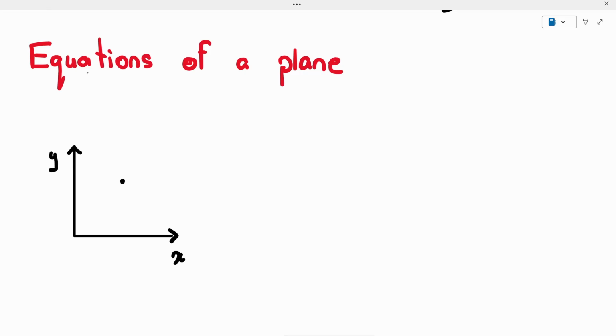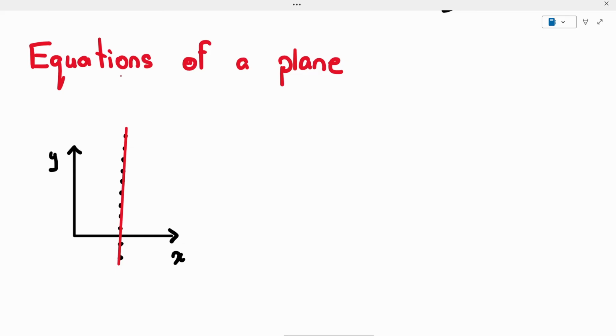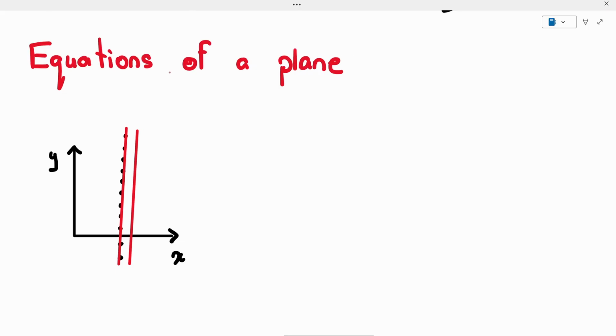And if we take an infinite number of those points and we extend in both directions, what we actually get is a line, right? So the idea of a plane, if we take infinitely many lines all parallel to each other, we actually form what you call a plane, right?